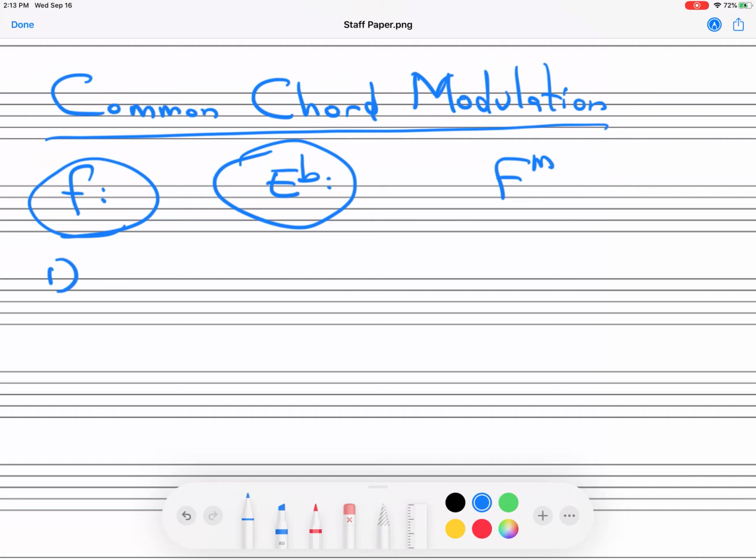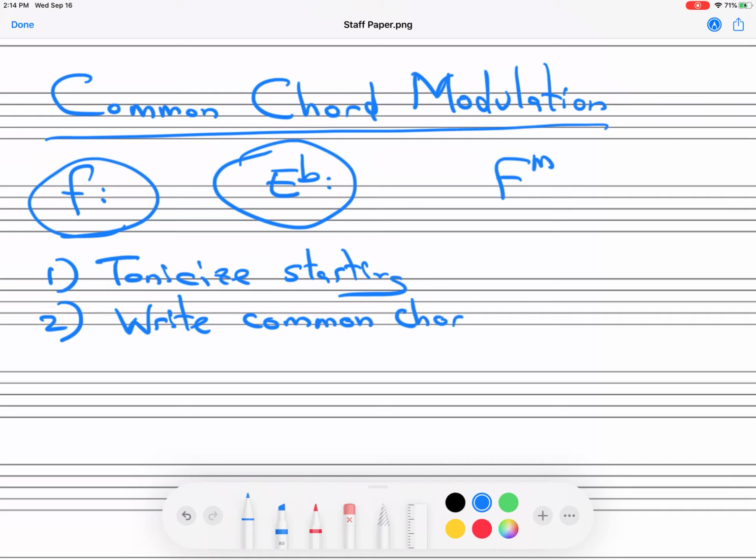So the 4 components are: 1, tonicize the starting key. 2, use a common chord, so write the common chord. And 3, after the common chord, you have to write a non-diatonic chord, a chord that is not diatonic in the first key, because if you write a chord that is in the original starting key, well, that could be the common chord.